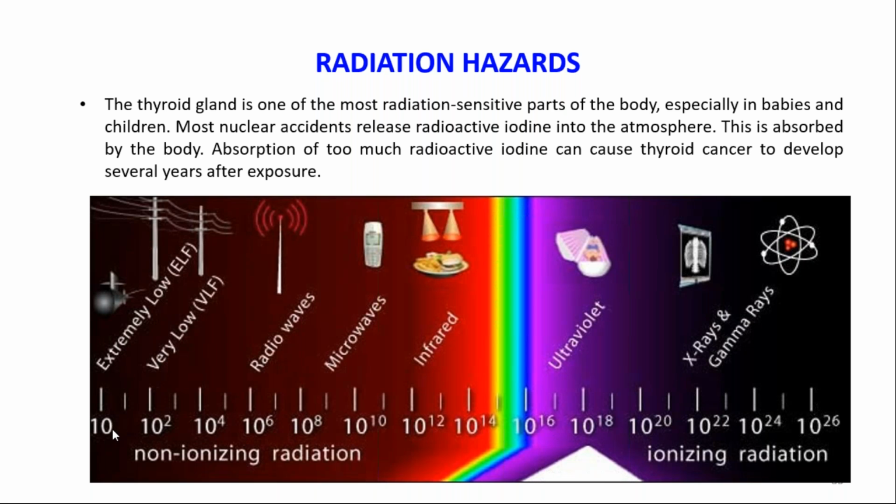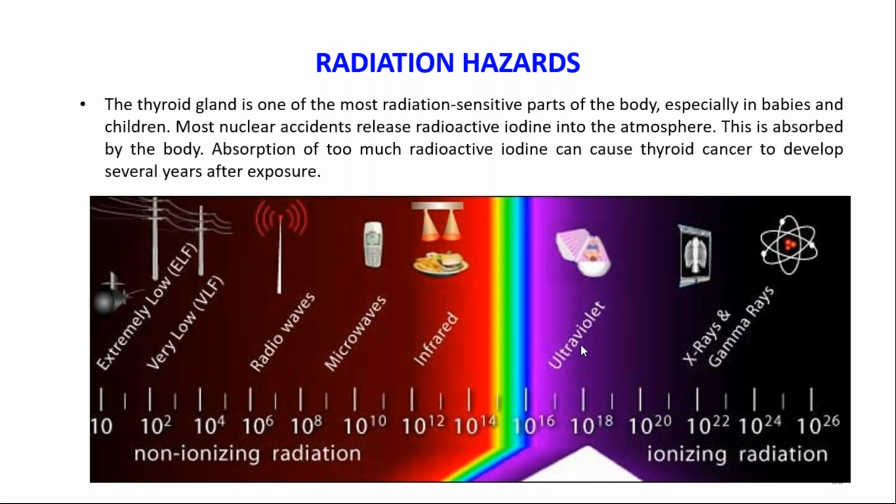So this is 10 raised to 2, extremely low frequency and very low frequency range, then 10 raised to 4 to 10 raised to 6, then 10 raised to 6 is near radio waves, 10 raised to 8 to 10 raised to 10 microwaves, 10 raised to 12 to 10 raised to 14 infrared waves, and these are the different sources like high tension wires or radio signals, then mobile phones and microwave ovens or infrared equipment.